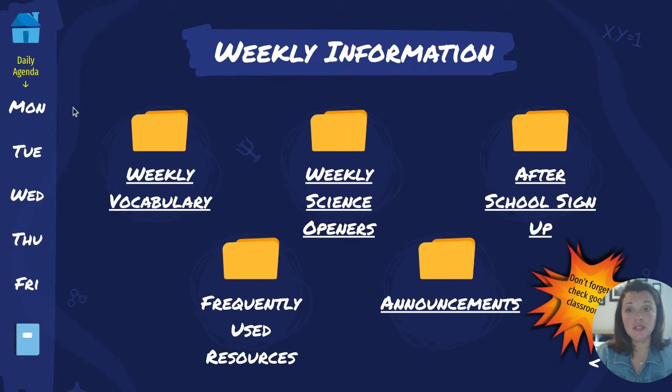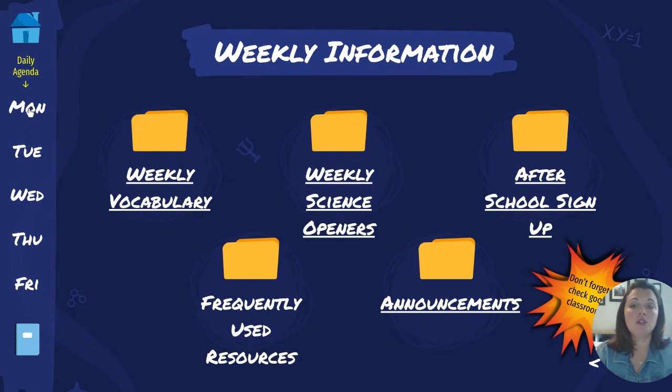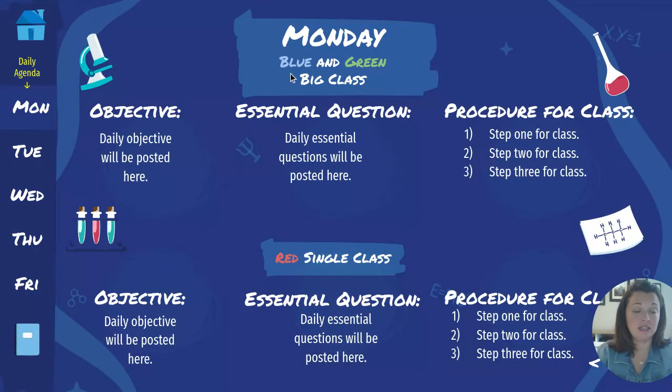Now, if you come over to the side, you will see daily agenda. Now, this is going to be your daily agenda for each day of the week. Okay, so it's going to be very specific. So if I see you on my Monday class, it tells you which class period I will be seeing.